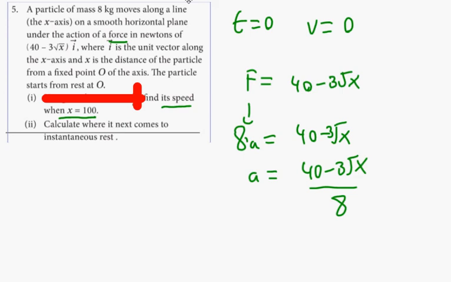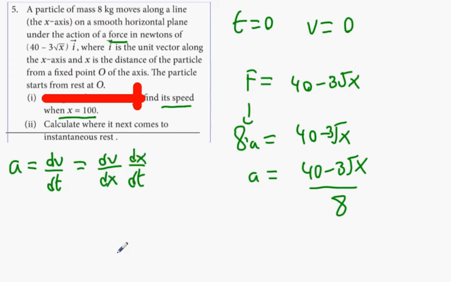Now, what to change a into? a is usually dv/dt, isn't it? But the dv/dt can be chain ruled so it's in terms of x.